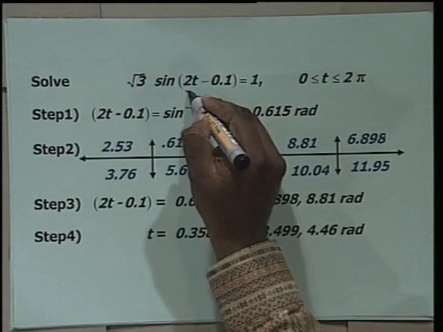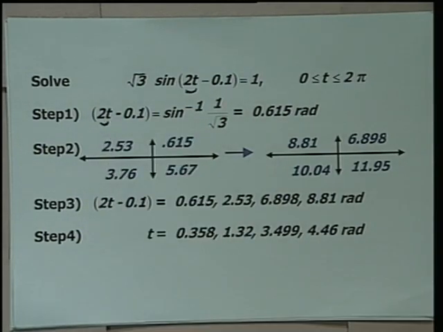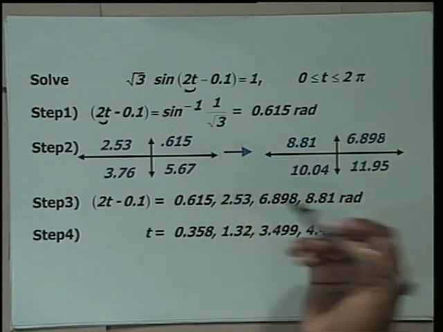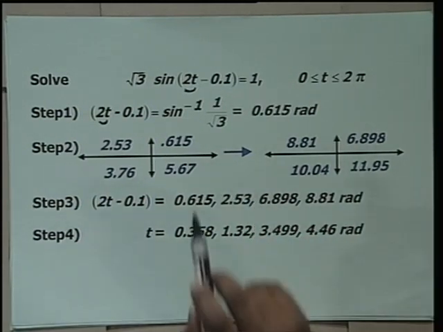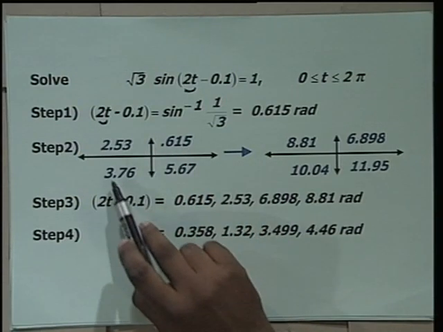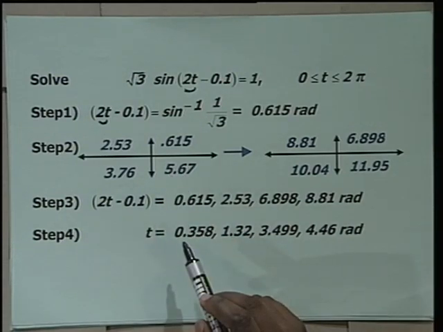And because we have double angle here, we will take related angles in the second turn, and they are not difficult to find. You just have to add 2 pi to each of the angles which we obtain in the first turn.